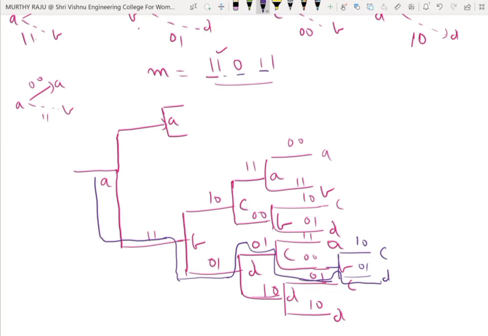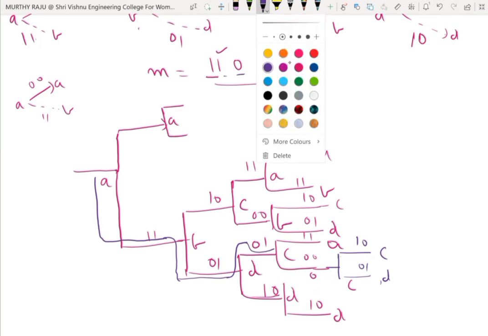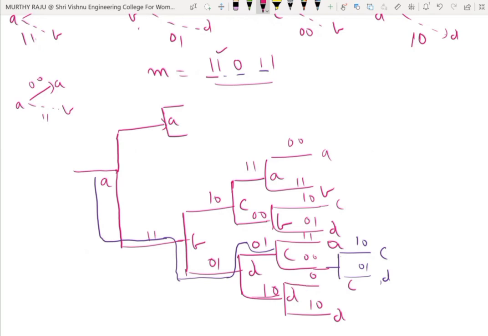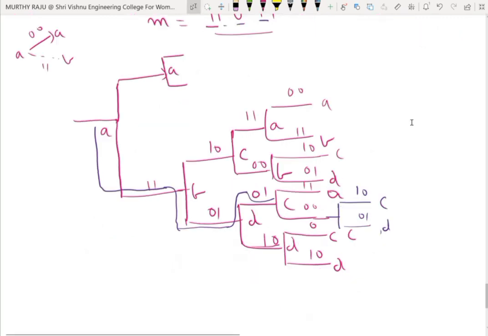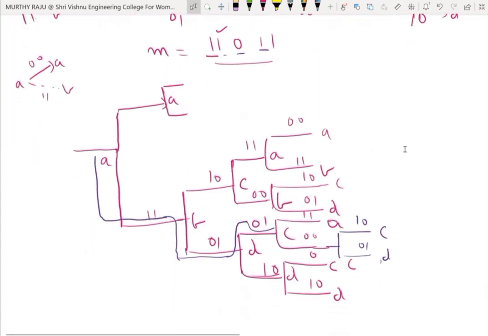Follow this one. D to C, that means 0 1.